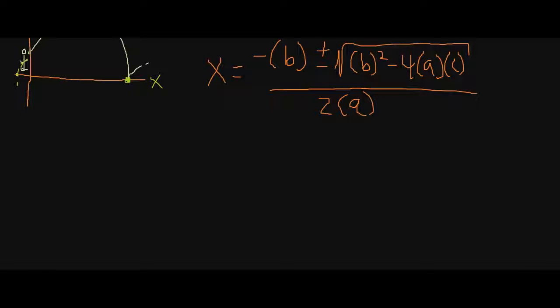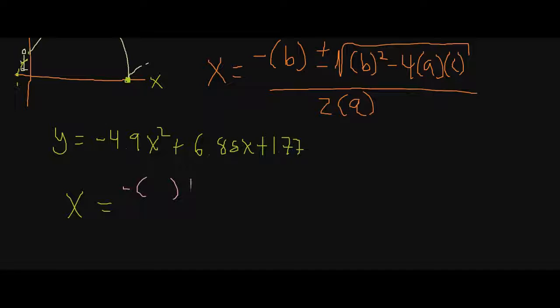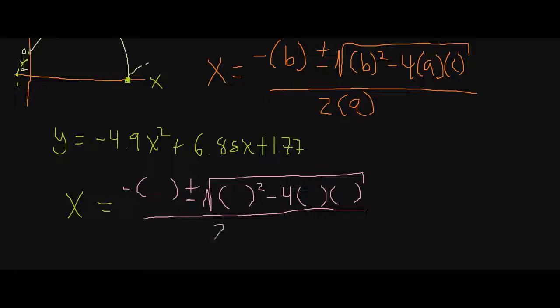I'll write the equation one more time: y is equal to negative 4.9x squared plus 6.85x plus 1.77. Let's plug it in. I'm going to write out the whole expression, with b squared minus 4, and I'll use parentheses and fill in the information in a second.